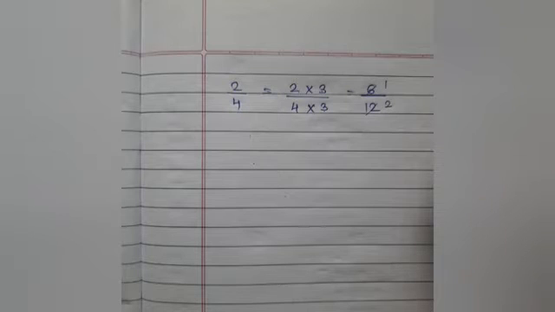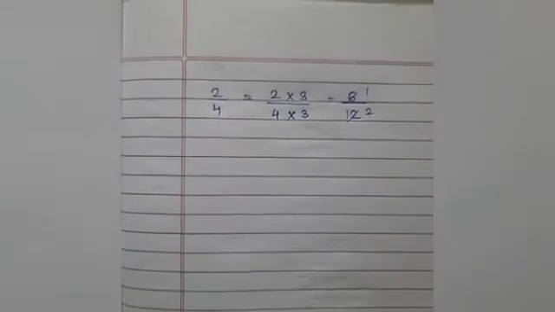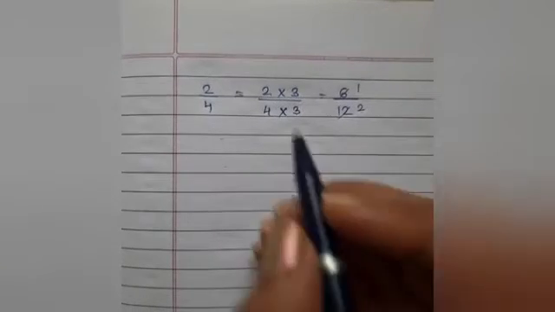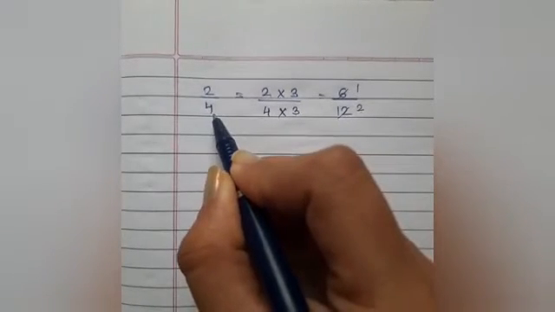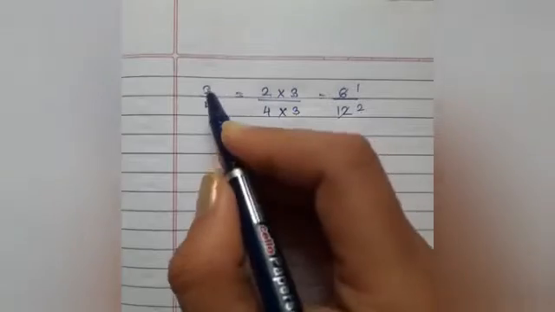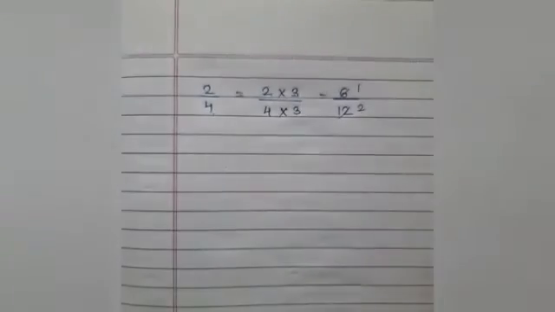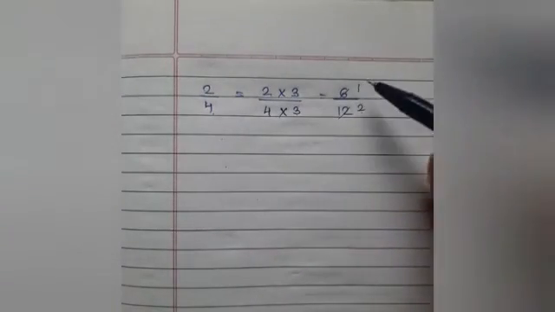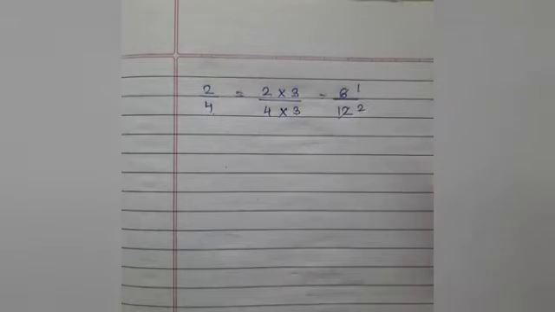We got our fraction's value, that is 1 upon 2. So, I can say that the given fraction, 2 upon 4, is equivalent to 1 upon 2. This is called an equivalent fraction.